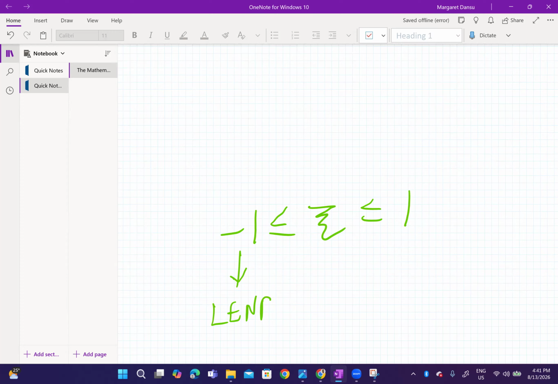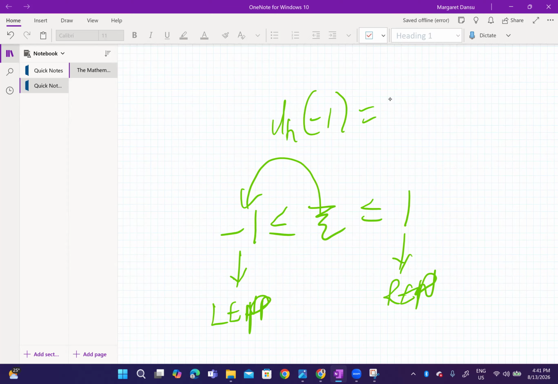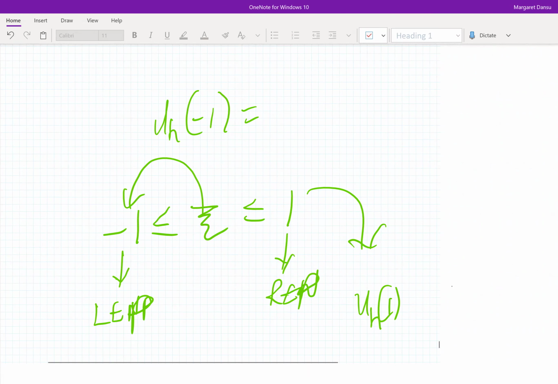If psi takes -1, we have u sub h of -1. If psi takes 1, we have u sub h of 1. When we do that substitution, that's why we end up getting what we got there, if you substitute into the expression on that page.